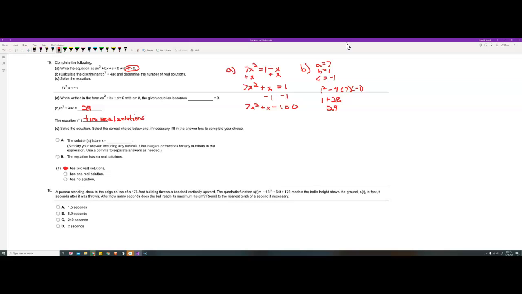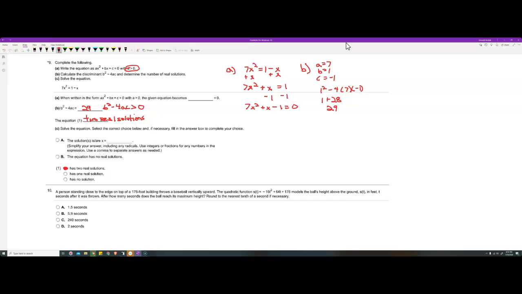Okay, because the discriminant is greater than 0. All right, the next part says solve the equation and select the correct answer choice below. So we know it's going to have 2 real solutions, so we're going to end up getting 2 answers here.